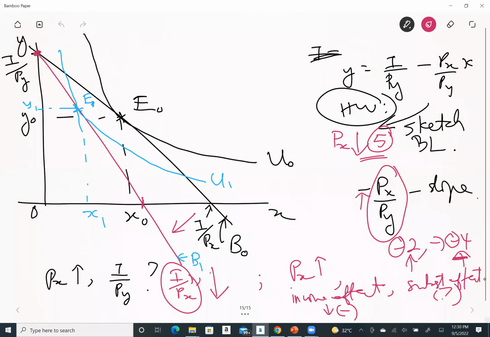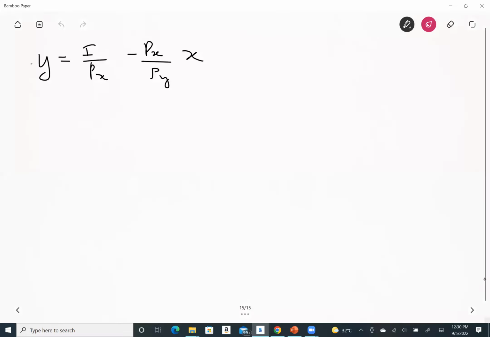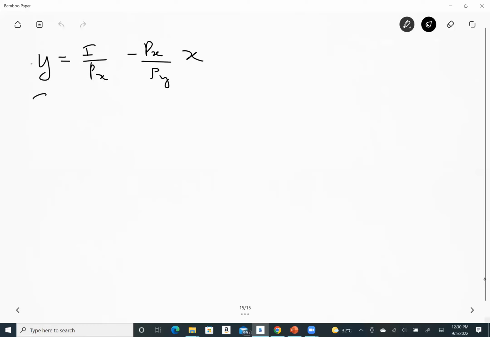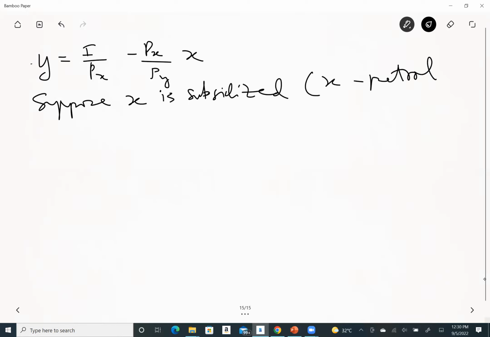Okay, now let's look at the subsidy. Suppose X is subsidized. In our example, X is petrol. So petrol is subsidized, and we are given the price subsidy.